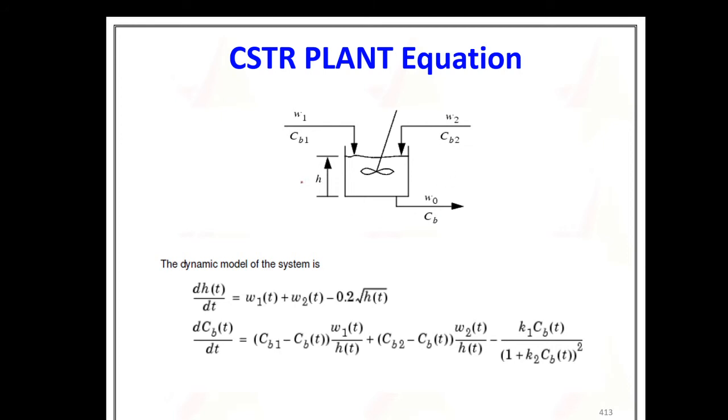W1 is the flow rate of the concentrated feed CB1 and W2 is the flow rate of the second liquid.